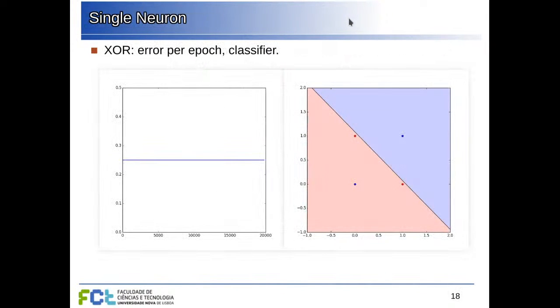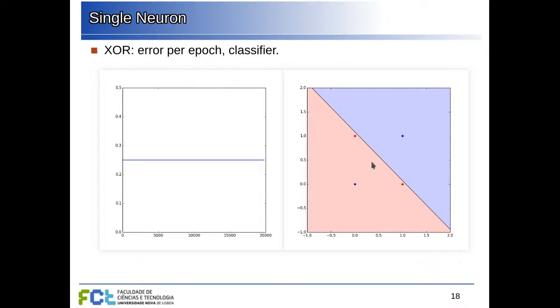So if we try to train the single neuron to solve this problem, we cannot leave this part. So you see, this is a mean quadratic error of 0.25. If you take the square root of that, this is the 0.5, which means it's making mistakes half of the time. That's the best it can do, because it cannot separate these correctly.